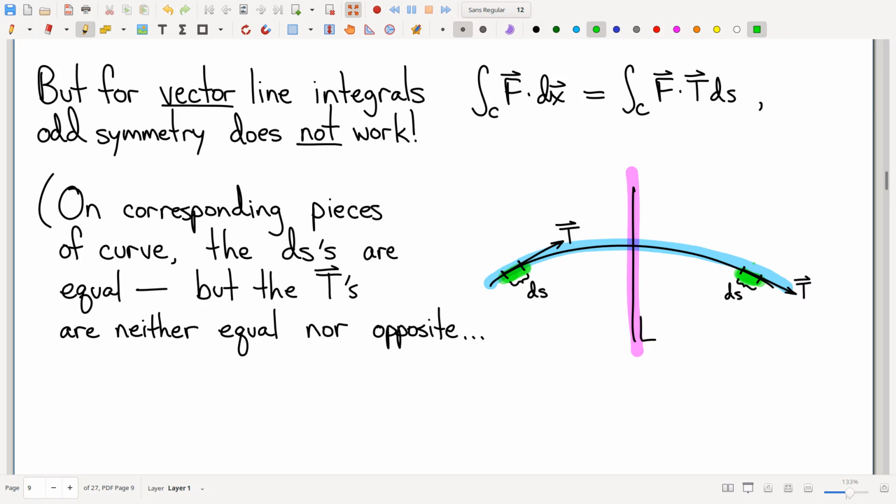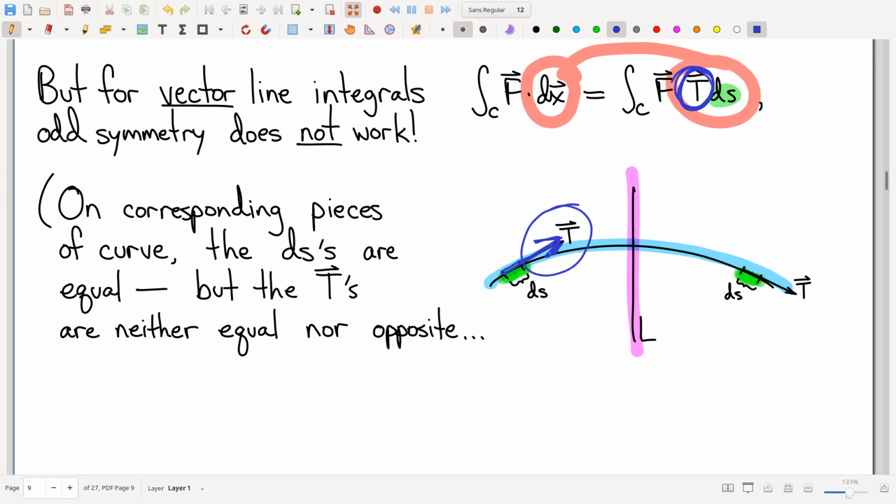Until you recognize that your dx vector isn't just made up out of ds's. Your dx vector also involves the t vector. Right? And if you look at the t vector here, and you look at the t vector there, they're not the same.